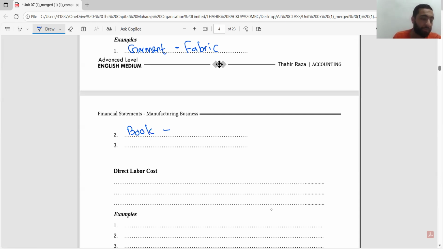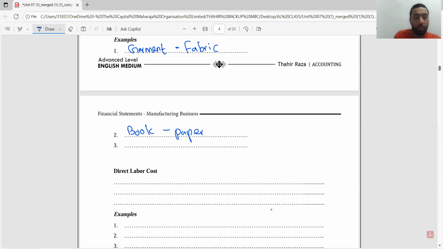What is the direct material? Can someone tell me? You have a writing book, no? Or the tube that I have sent you. What is the direct material that should be used? Yes, very good. Ziana has given it is paper.